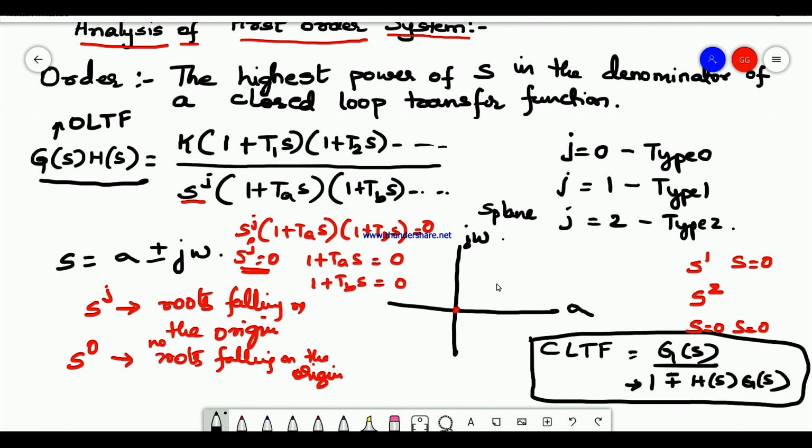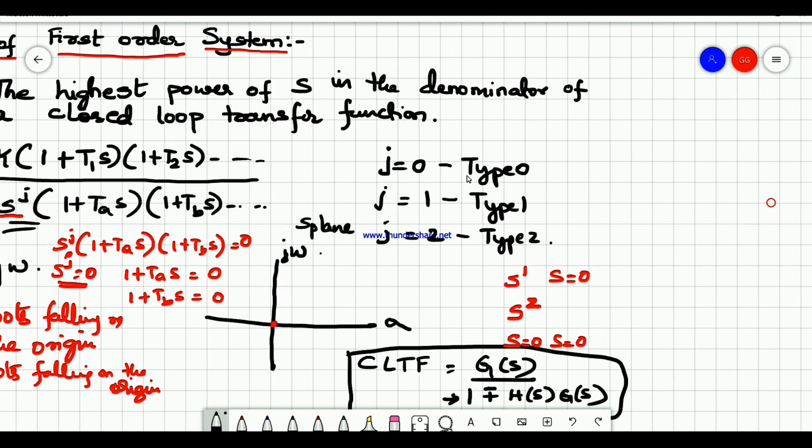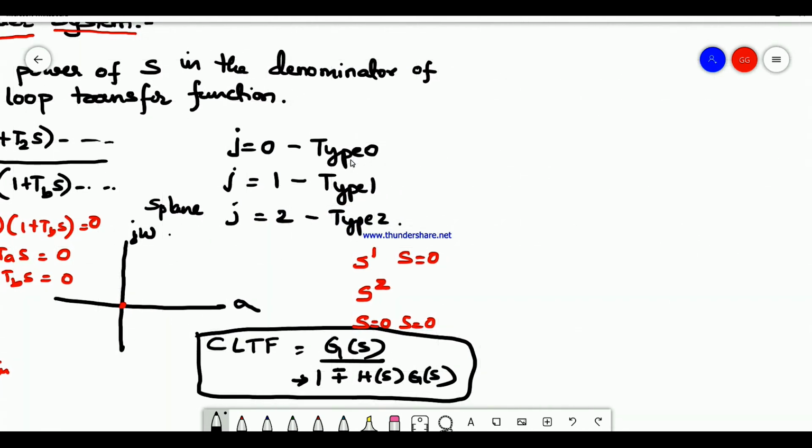So if this 1 minus or plus H of s into G of s has the equation in this form, for example, 1 minus or plus H of s into G of s is equal to s to the power of j into (1 plus T1 s) into (1 plus T2 s) and so on.